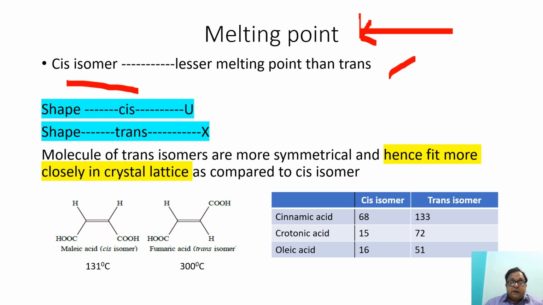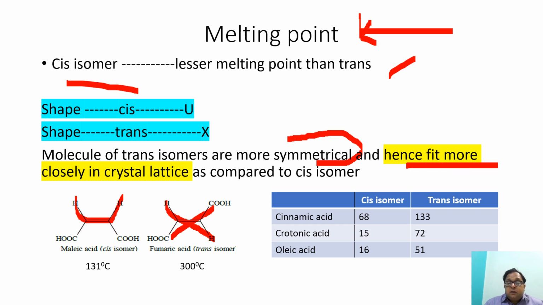If we look at the arrangement of the atoms in the cis isomer, they follow the pattern of the English letter U. On the other hand, the trans isomers follow the pattern of the English letter X. This pattern of the trans isomer is more symmetrical and fits more closely in the crystal lattice, and this closer packing results in the higher melting point.